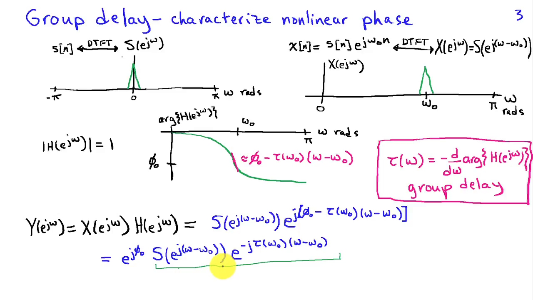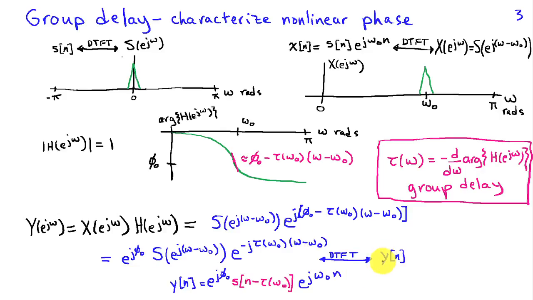So that's like a modulation. We had modulated S, so we can view this as a linear phase term that's been modulated up to omega naught. If I take the inverse discrete-time Fourier transform to get a signal y[n], I can write y[n] as this phase factor, e to the j phi naught, times my time-delayed signal which has been modulated to frequency omega naught.